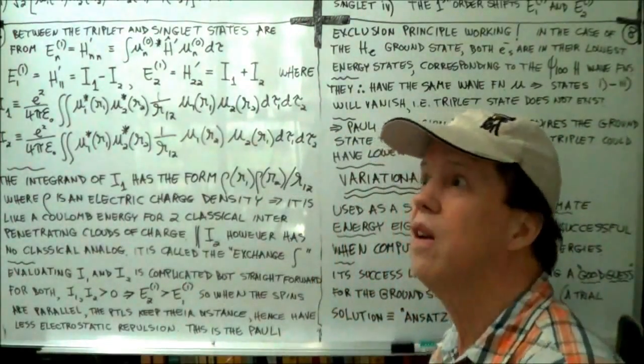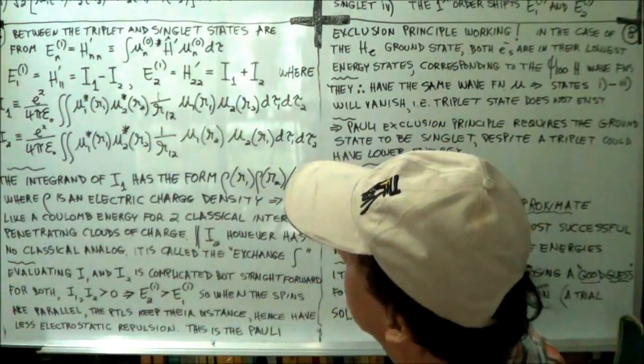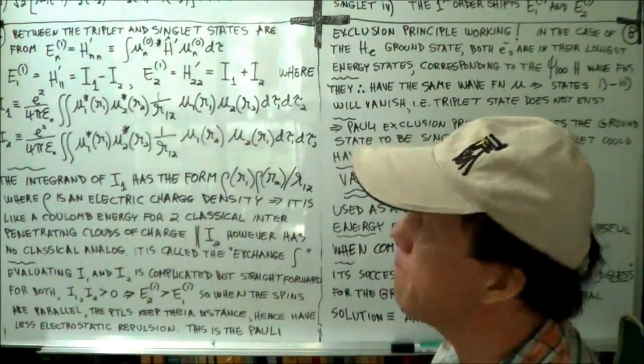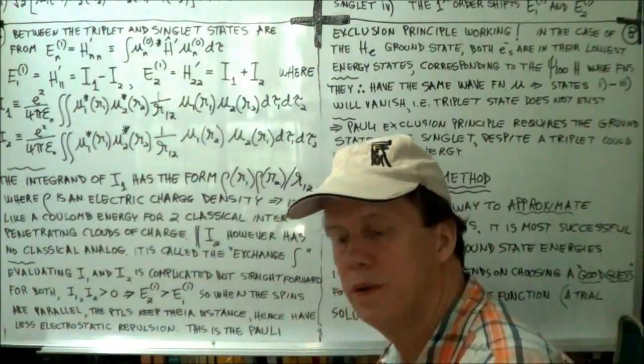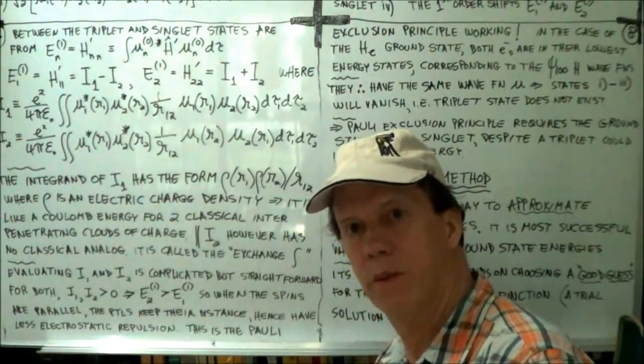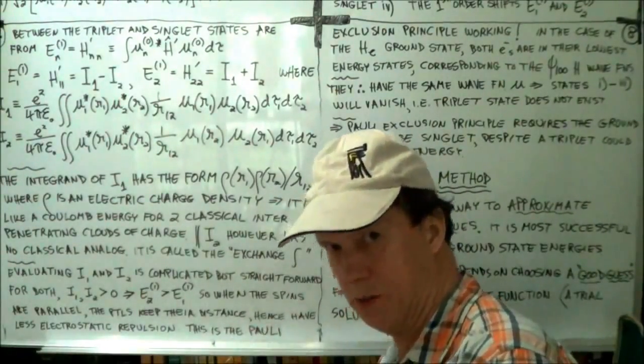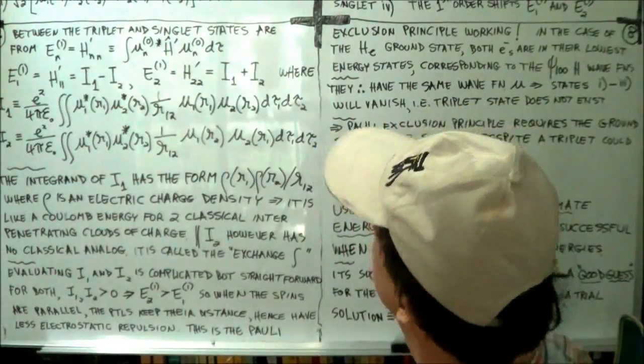Now, talking about the helium atom, we're switching on the perturbing Hamiltonian, which is the interaction between the two electrons.